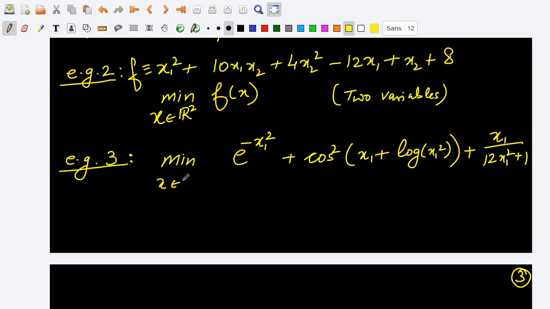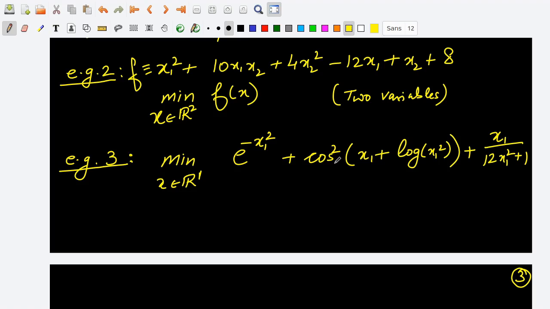This is again a problem in one variable, but arguably it is slightly more difficult than example 2 because of so many terms and nonlinearities involved. So it's not very obvious that you can always say that two-dimensional problems are more difficult than one-dimensional problems. In the nonlinear world, things are not very simple and obvious.